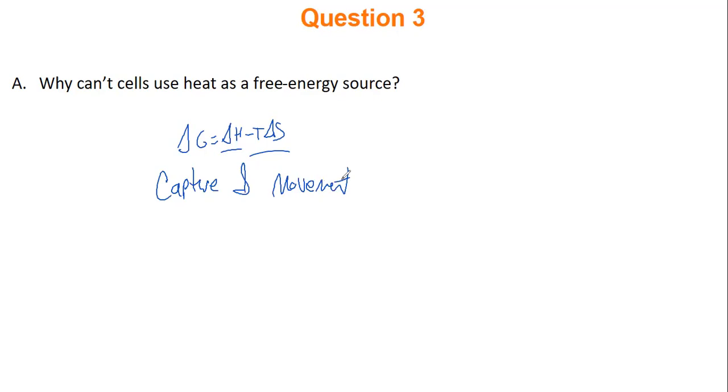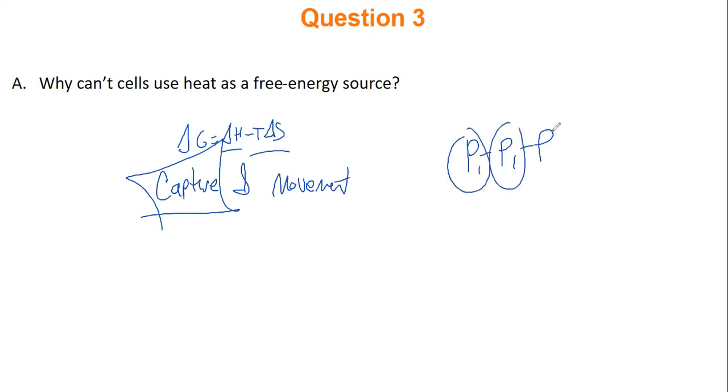So to use energy, we need to be able to capture it and hold it and release it when we want to, right? We have to have full control over it. That's what's great about phosphates, right? So in our triphosphates, we have these three very high energy bonds. This is our energy storage.